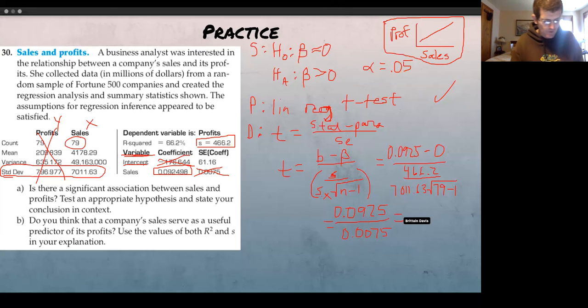All right, so once you do this and you have your 0.0925 divided by 0.0075, what is the t statistic? Anyone can write it in right here at the end.